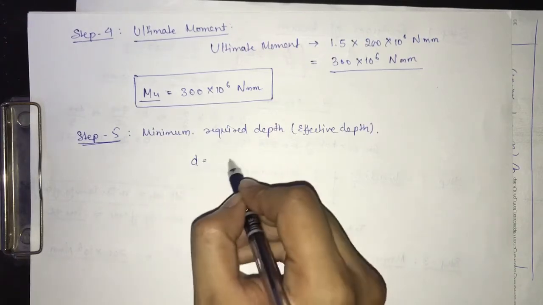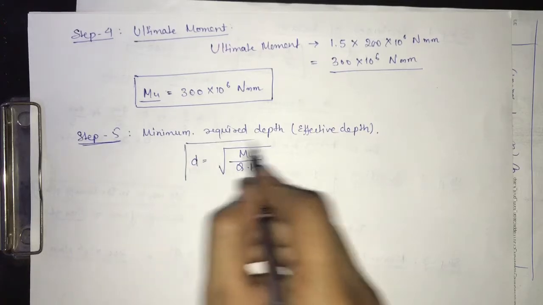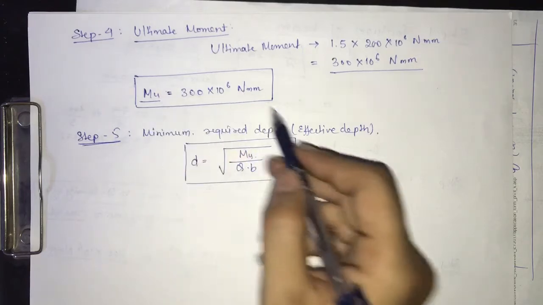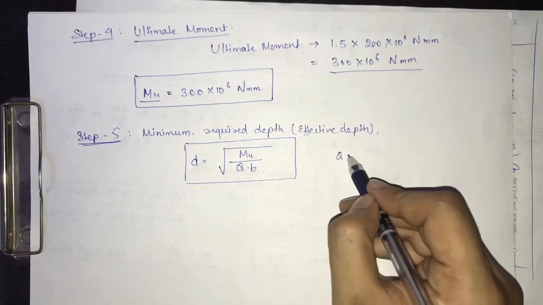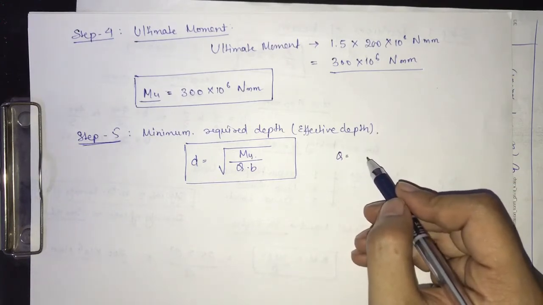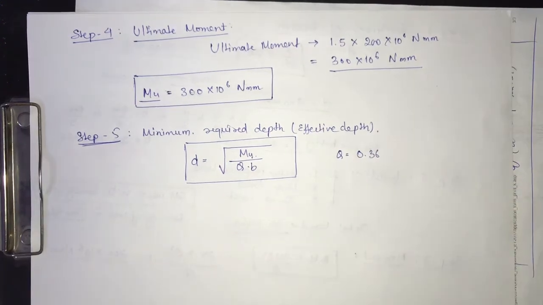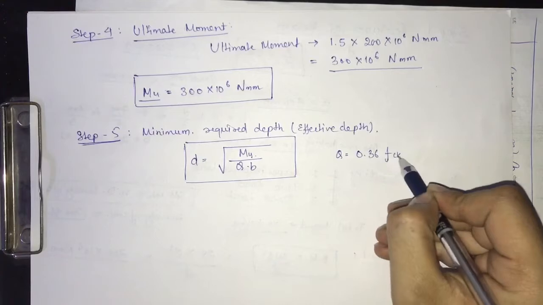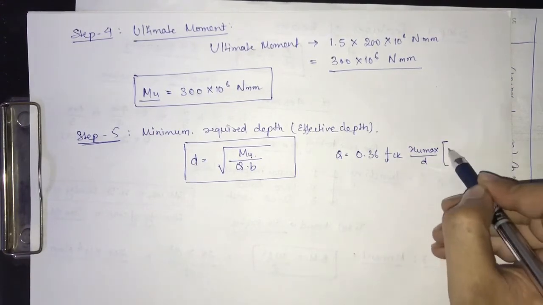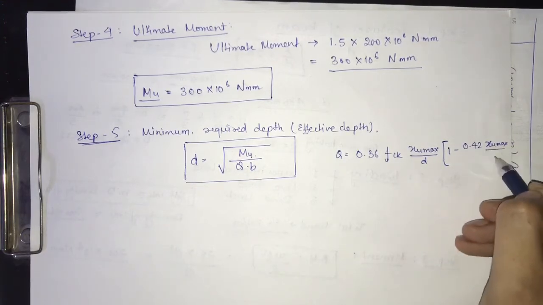So here's the formula. We have d is equal to the root of Mu upon Q into b, where Mu is the moment of resistance we have already calculated, and Q is another constant which depends upon the grade of concrete and type of steel, and its formula is 0.36 fck (xu max by d) in brackets (1 minus 0.42 xu max by d).